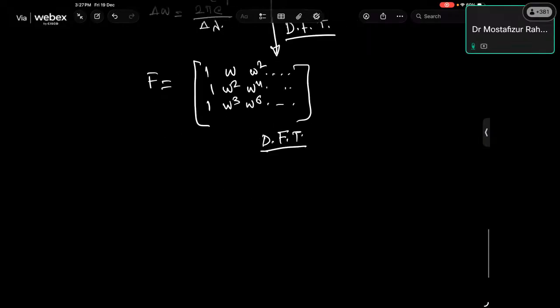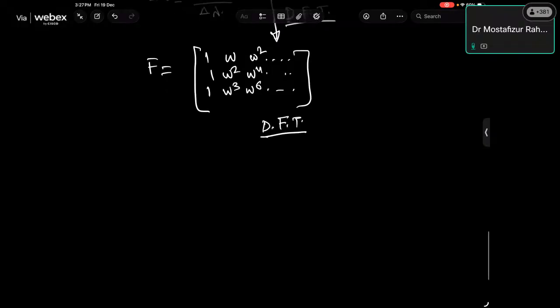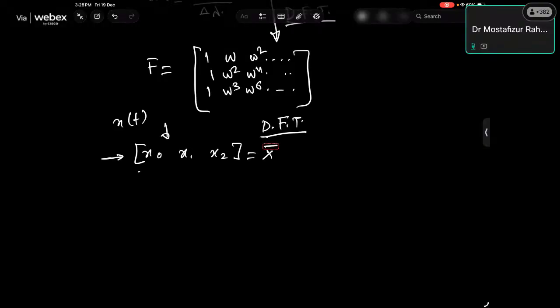Now, what is happening when I'm representing in the discrete domain? I have certain coefficients, that means x0, x1, x2 of that x(t), the values of the particular function at different points, and I define them as a vector, say x vector. Actually, they are discretized in time, represented in the time basis, or x basis.